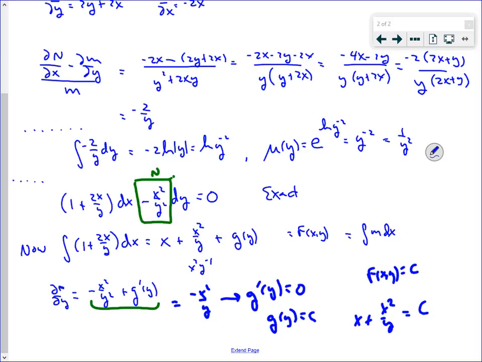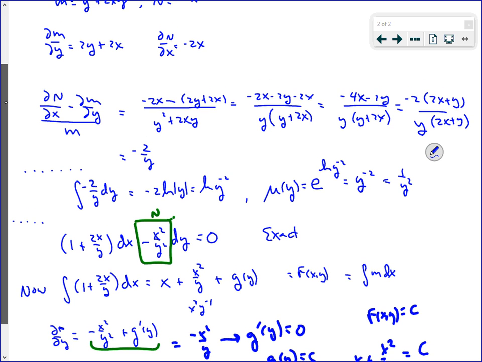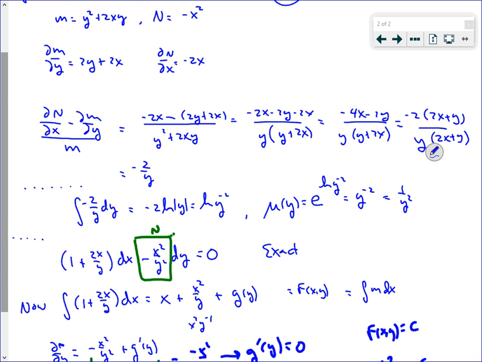Okay, well, the truth of the matter is I'm not entirely perfectly done yet. The book probably does a better job of explaining this, so they're a little bit more careful with it, but we multiplied by this guy up here.